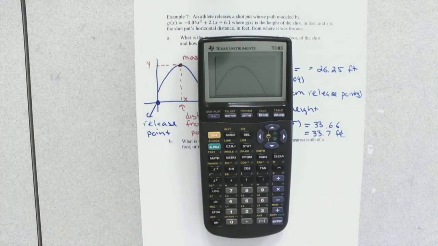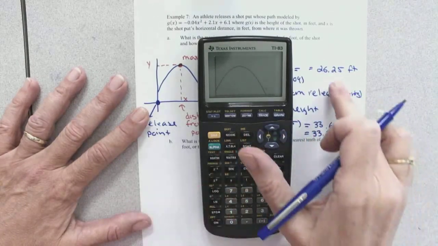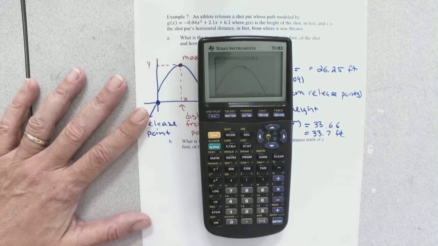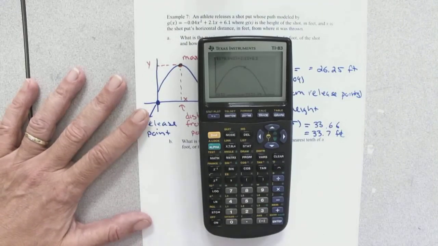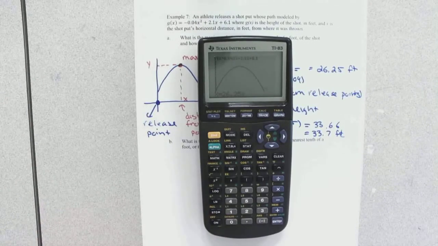So going back and looking at the graph, we said that it was about that vertex. We said that the x-coordinate, and we can still see it over here, was 26.25. So I'm going to do trace, and then put in 26.25, and we're going to hope it goes to that vertex.